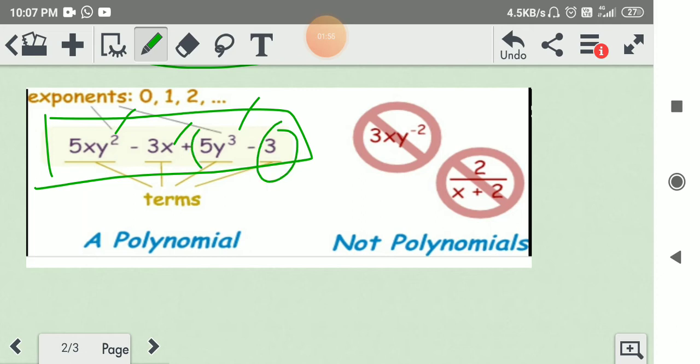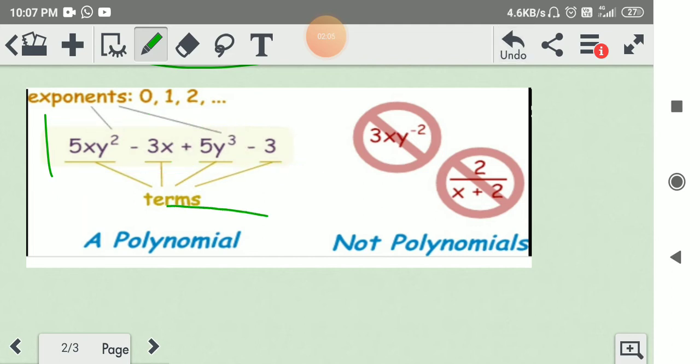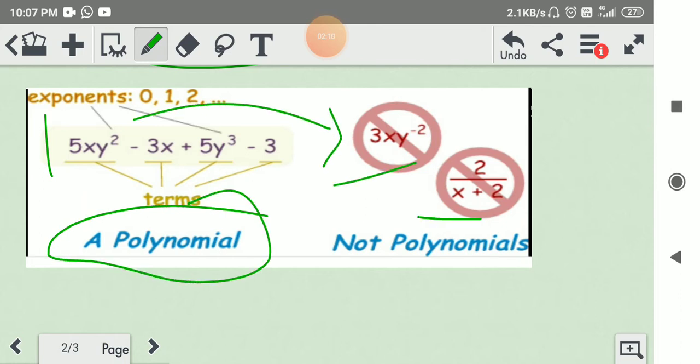And 1, 2, 3, 4, these are terms. So a polynomial has whole number exponents, so this is a polynomial. If suppose there were numbers like -2 here, and here a fractional power of x plus 2, then these are not polynomials.